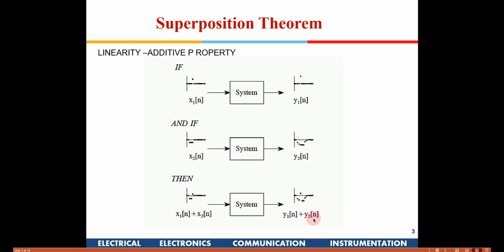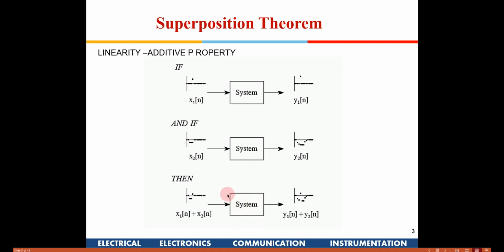As long as the system behaves in this manner, it is called a linear system. This is possible only when we have linear elements in the circuit. If we have non-linear elements in the circuit, then this condition will not be met.